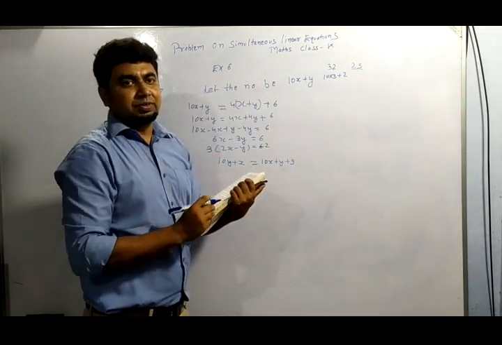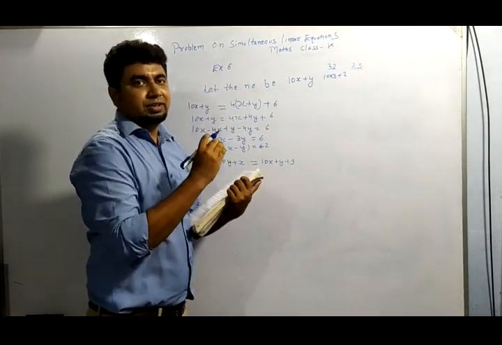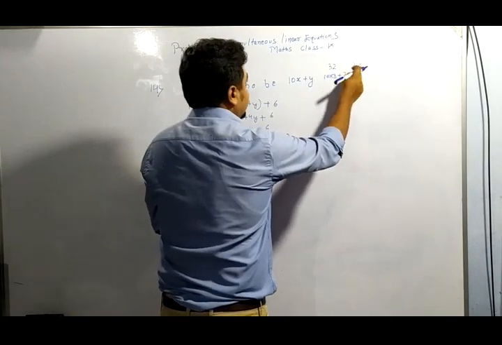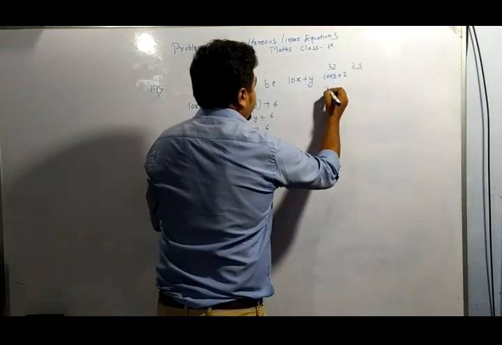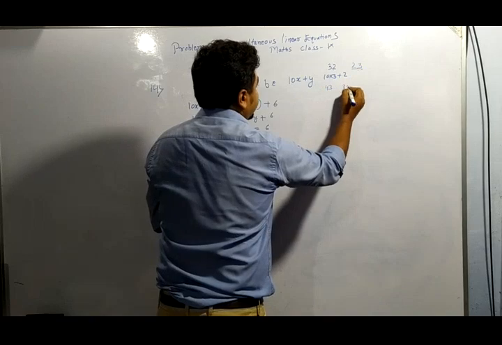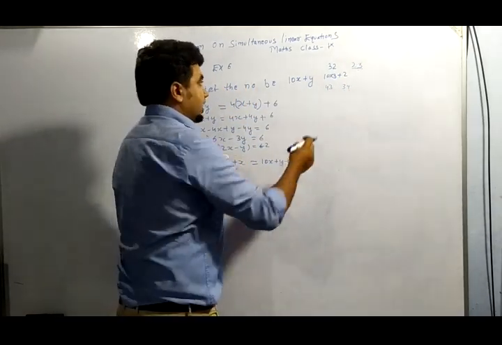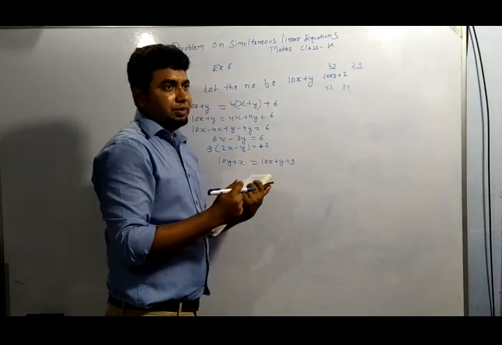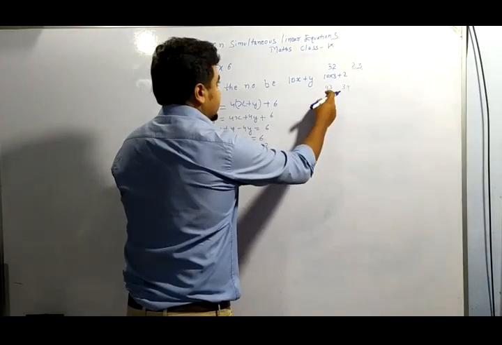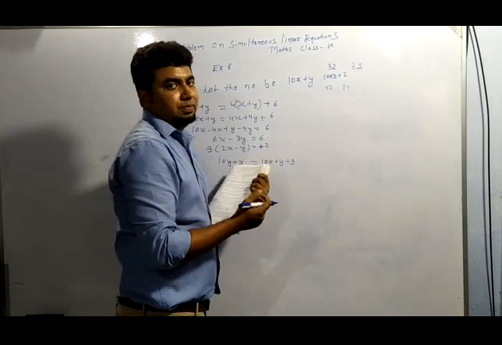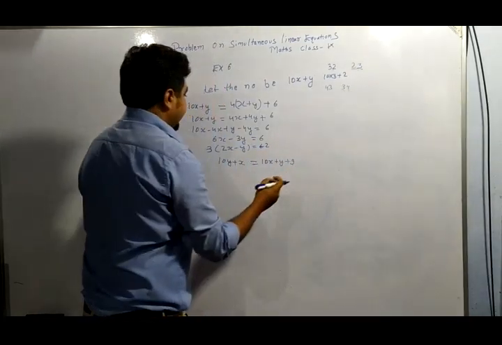Every time you reverse a two-digit number, you will find the difference of 9 only. 32 minus 23 is 9, or 43, if I take the reverse, is 34. So every time you reverse you will get 9, unless you have the same digits, in which case it will be the same. Otherwise it will be 9 only.